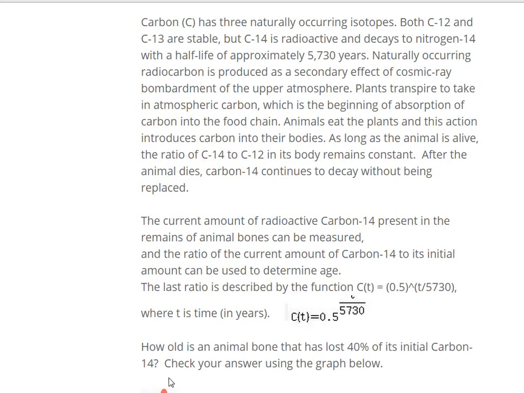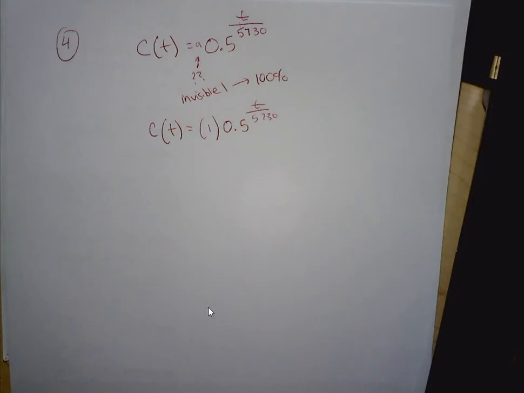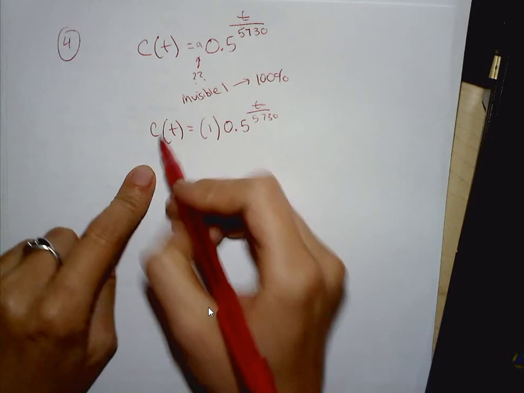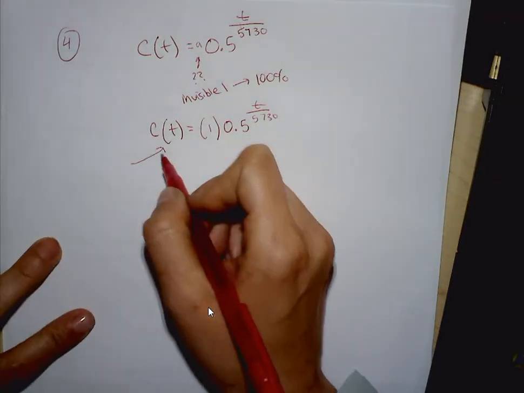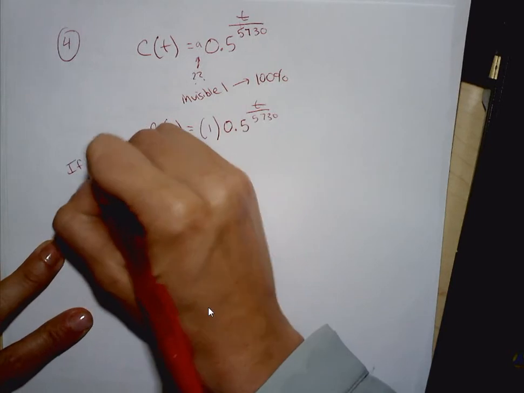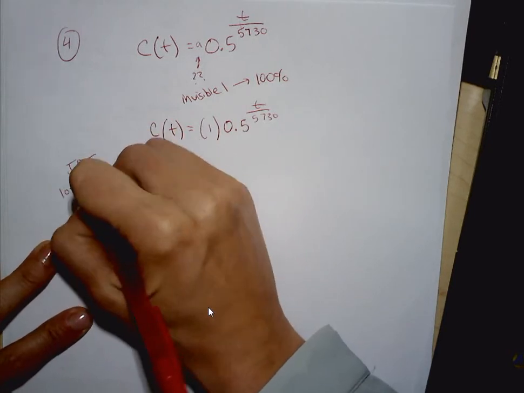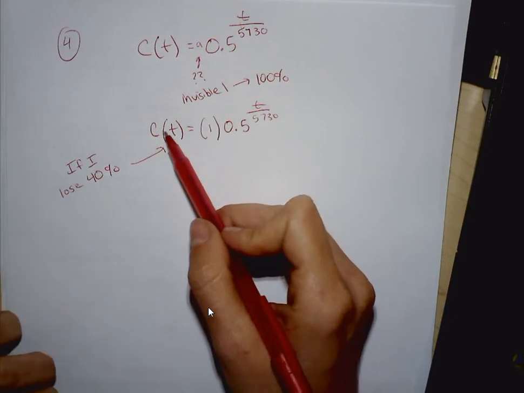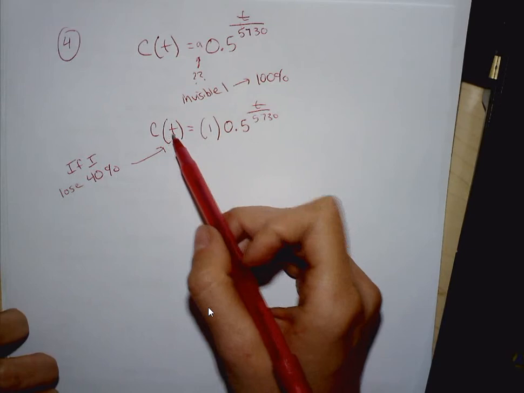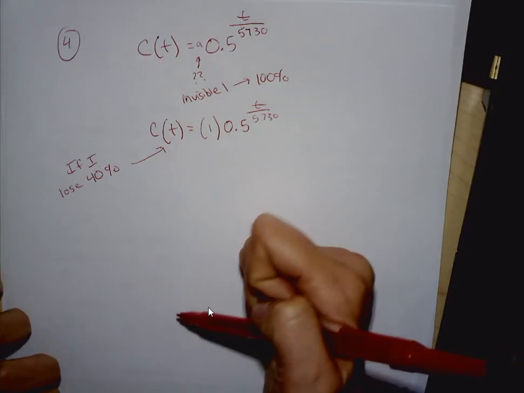Tricky part here. So I'm going to be plugging something in for this Y value or C of T value here. If I lose 40%, do not put 40% here, or 0.4. The reason for that is I want to figure out how much carbon I have left. How much carbon is left.